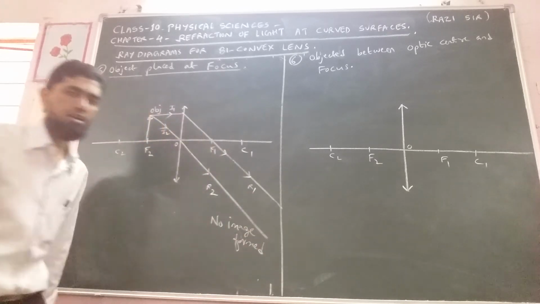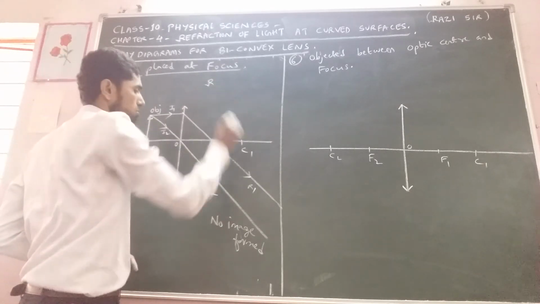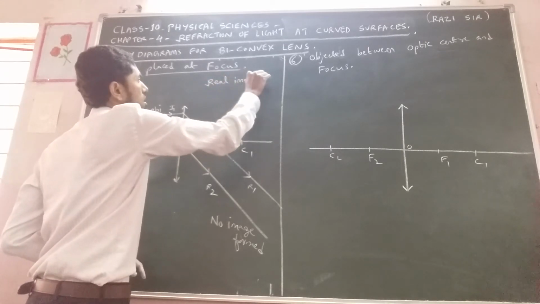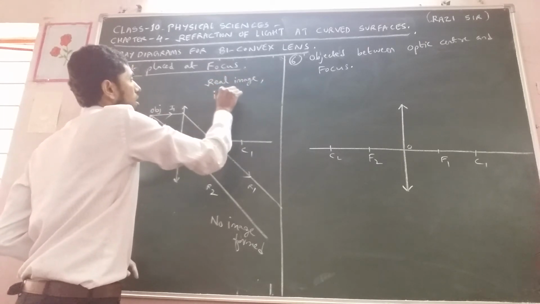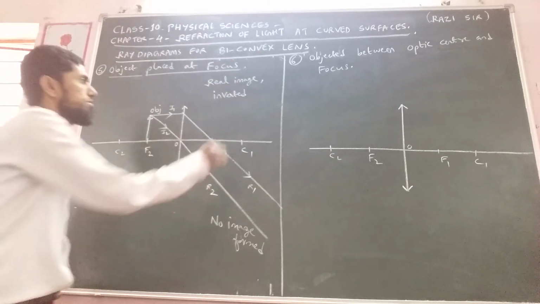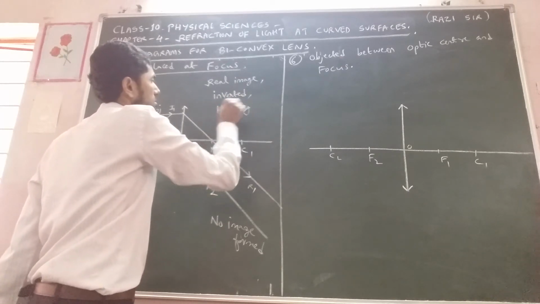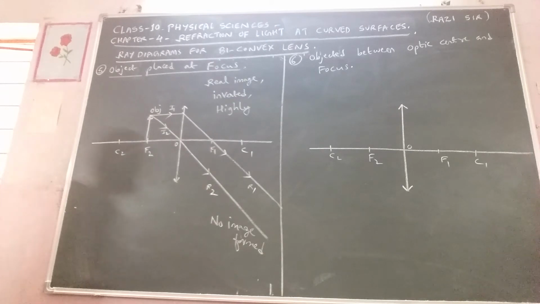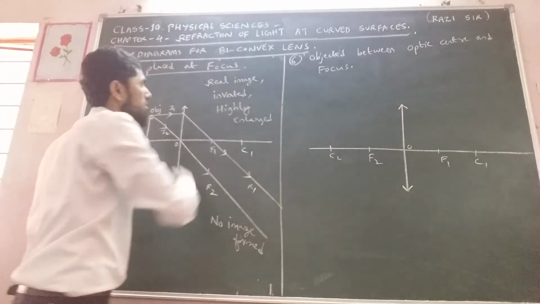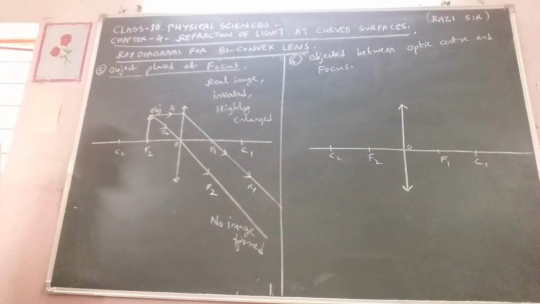When we talk about the characteristic, we take the image as a real image toward this side, and inverted image. Coming to the magnification, we have a highly enlarged image. We call it a real, inverted, highly enlarged image.